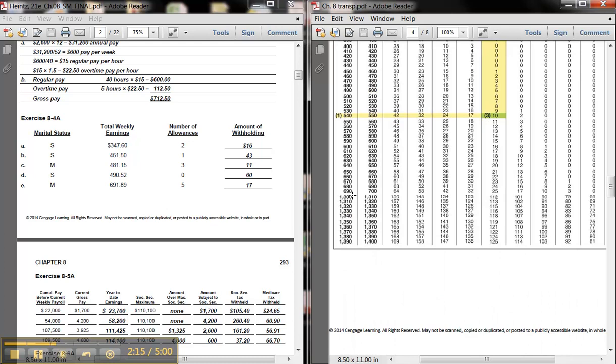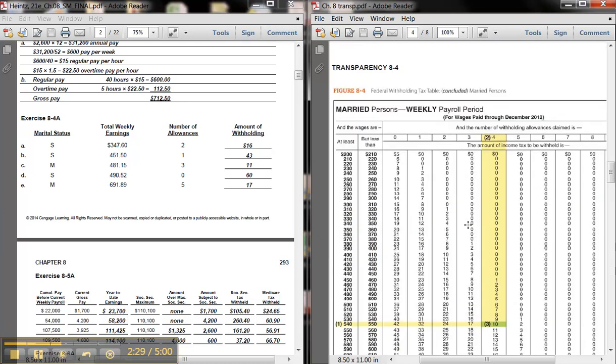So greater than 690, less than 700 with 5 allowances, so that's 0, 1, 2, 3, 4, 5, and just right above this line, $17. So the key here is to make sure that you determine which table to use based on married or single, their gross pay, and then also the number of withholdings.